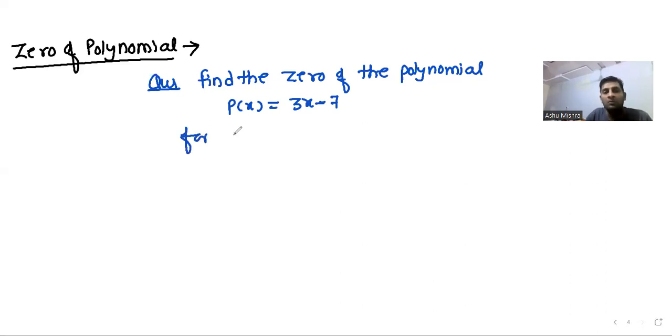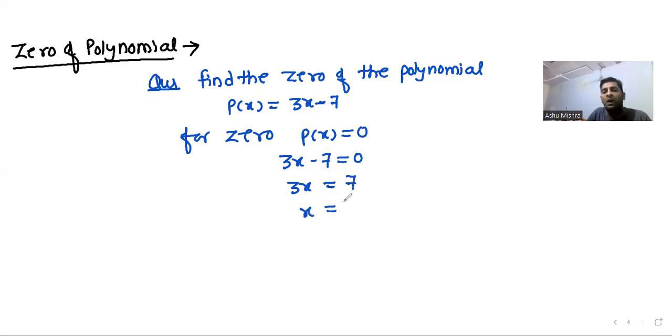You know, बता चुका मैं, for zero p of x will be equal to 0. That means I can say 3x minus 7 will be equal to 0, 3x equal to 7 or x equal to 7 upon 3.